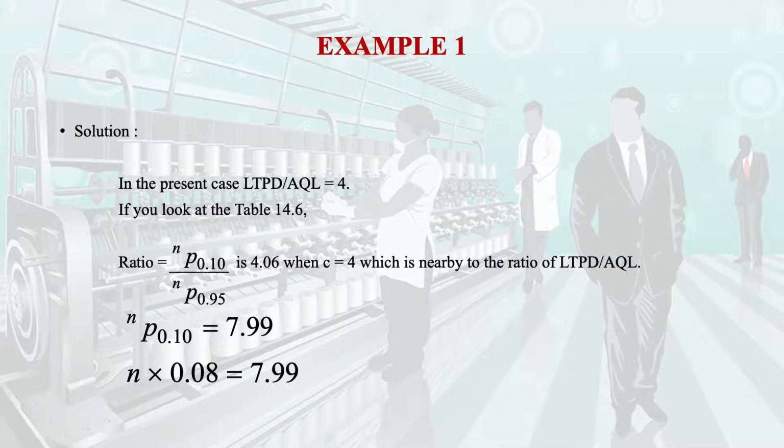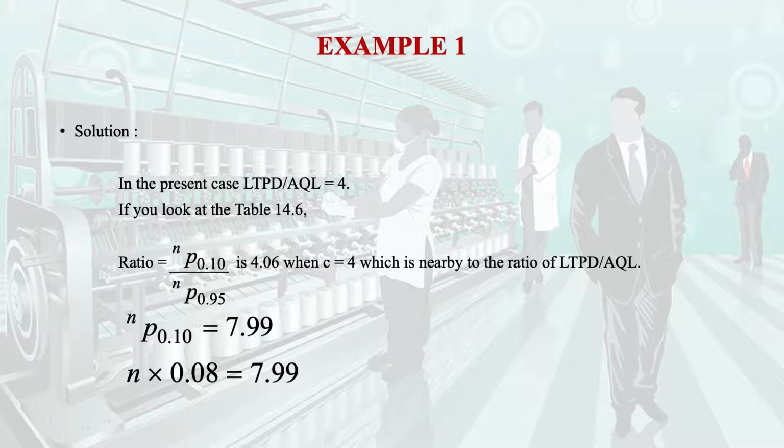Friends, we are discussing the solution for a numerical which we have shown to you. In this present case, the ratio of LTPD and AQL is equal to 4, and if you look at the table which we have given, the ratio is 4.06 when c is equal to 4, which is nearly the ratio of LTPD and AQL.